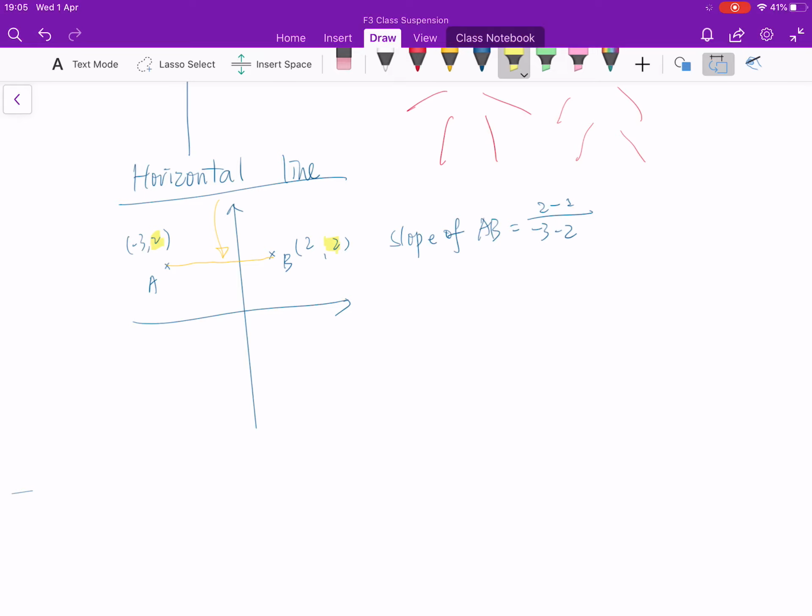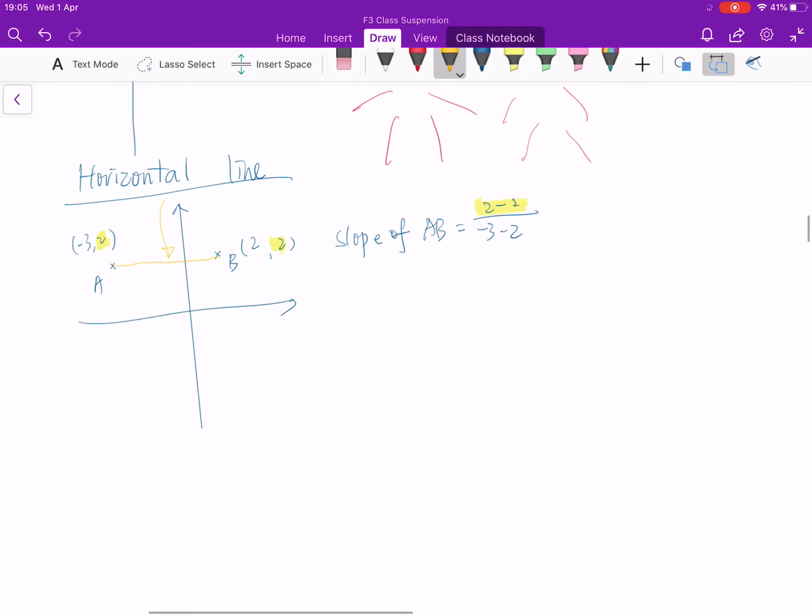same, which means the numerator here, where we are subtracting both y coordinates, this is the difference. The difference of y coordinates of a horizontal line must be 0.